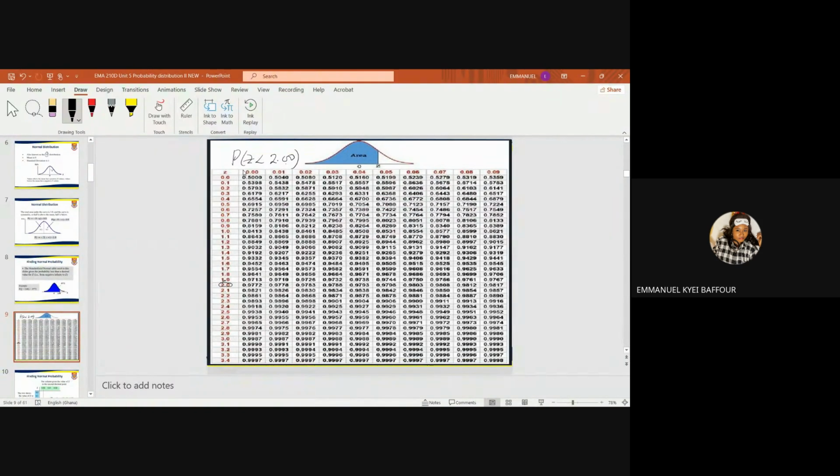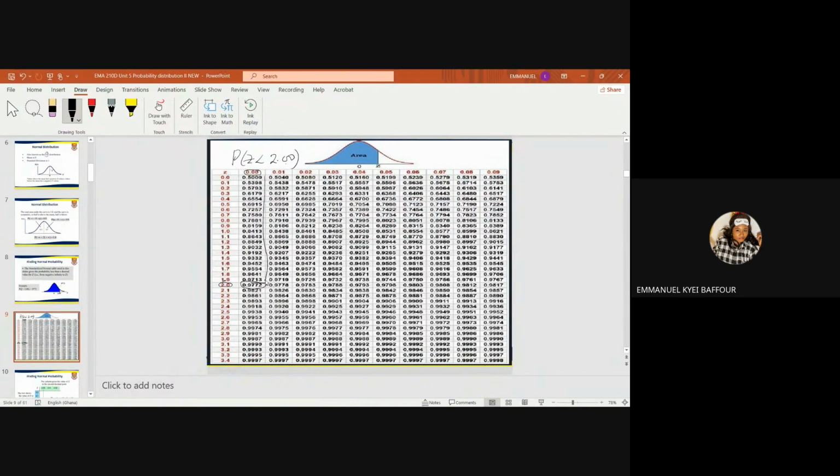And in the columns, you look at the second decimal. So 0.00 is here. So it will be 2.00. You trace the row and the column.